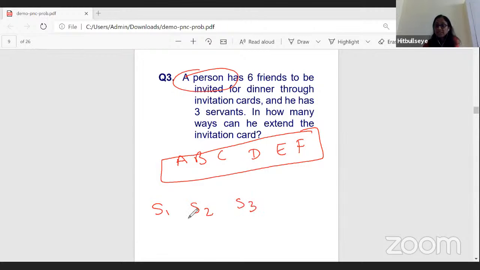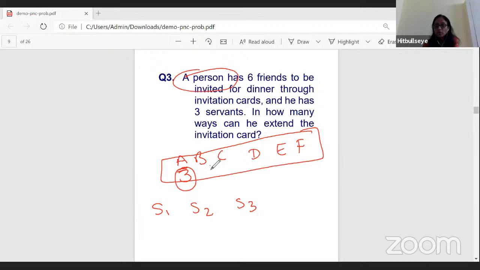Imagine yourself assigning a job. Now, first I think of inviting the friend A. To invite the friend A, how many options do I have? I can send servant S1, or I can send the servant S2, or I can send the servant S3 also. So to invite A, I have how many options? 3 options.